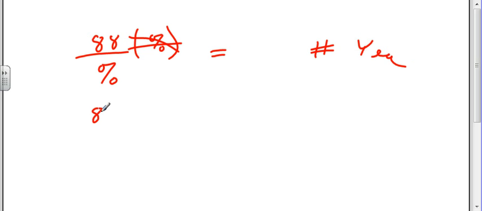So if we have 88 and we divide it by 7.5, and you say, why didn't you divide it by 0.075? Well, because it's a stupid rule. Divided by 7.5, you'll see it takes 11.7 years to double.